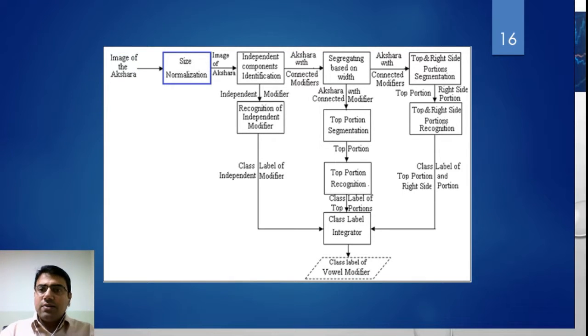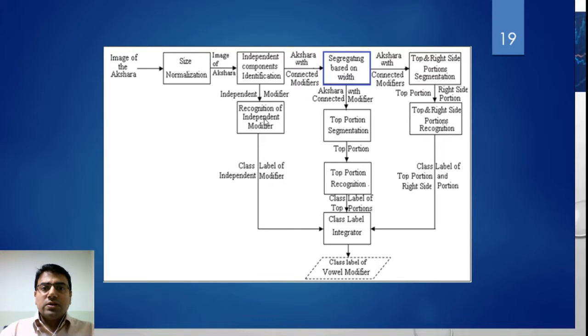Later, after the size normalization, independent component identification is carried out, where if portions of the Akshara are not connected, they are separated out into two different components. The independent modifier recognition is carried out. This is the portion of independent modifier which is further recognized using an artificial neural network.